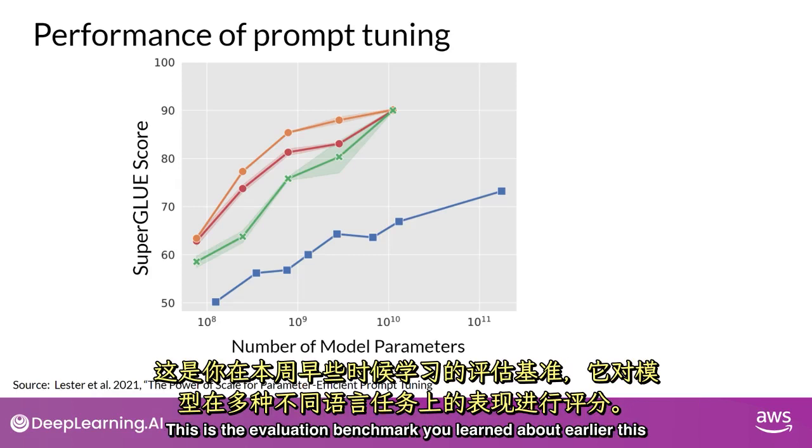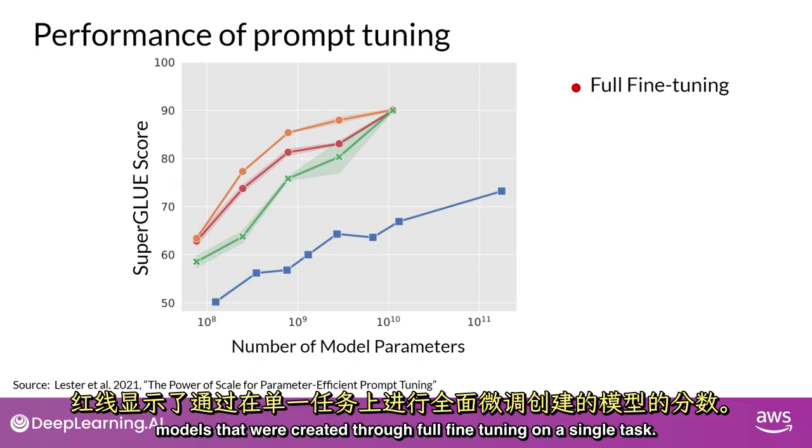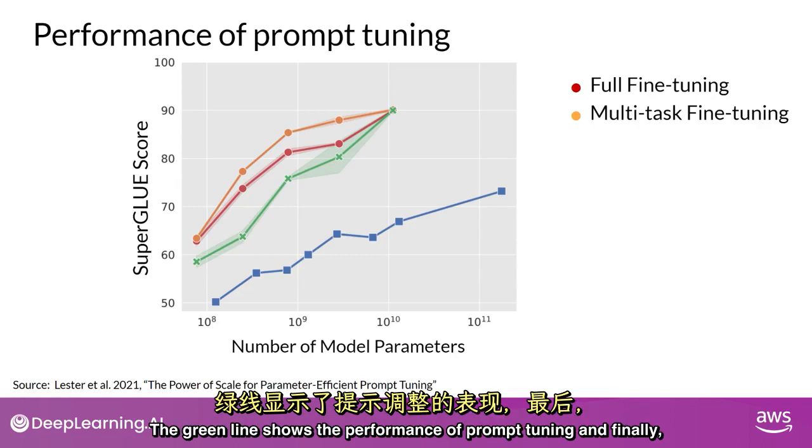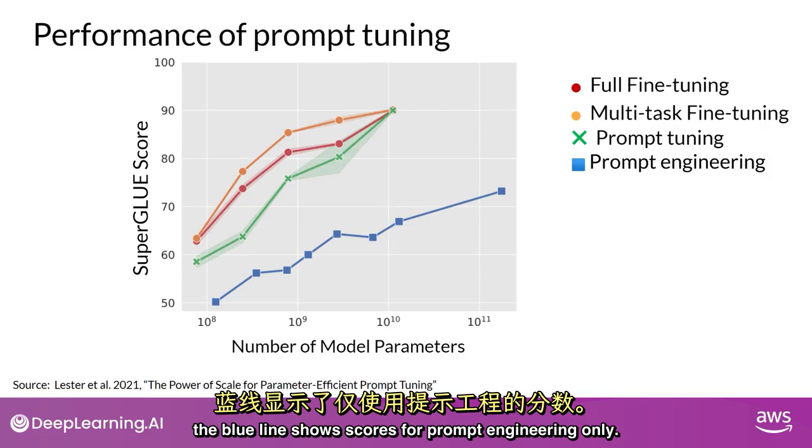This is the evaluation benchmark you learned about earlier this week that grades model performance on a number of different language tasks. The red line shows the scores for models that were created through full fine-tuning on a single task, while the orange line shows the score for models created using multitask fine-tuning. The green line shows the performance of prompt tuning, and finally the blue line shows scores for prompt engineering only.